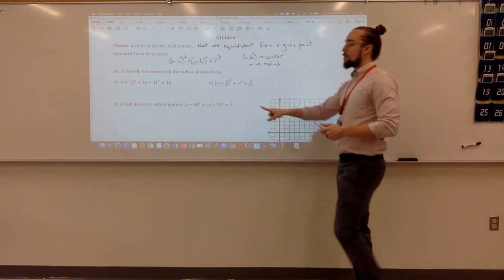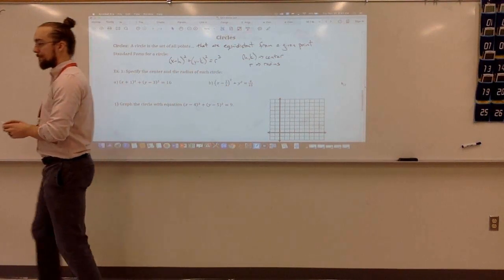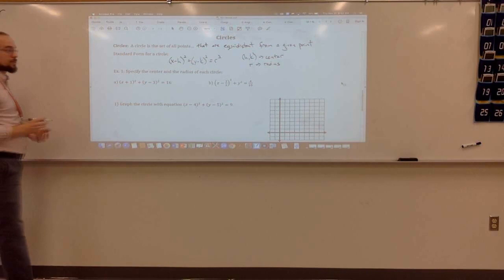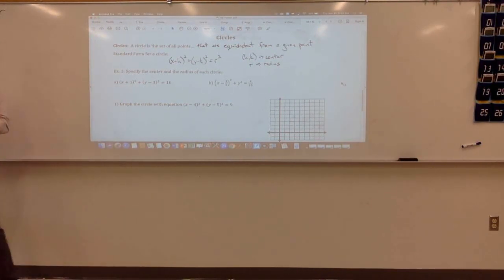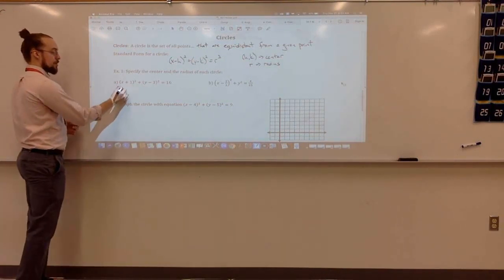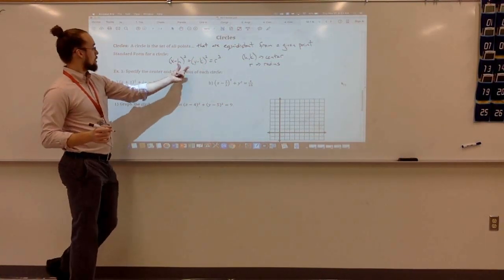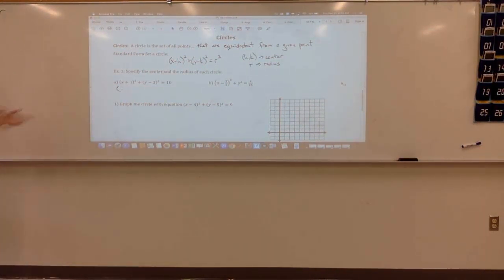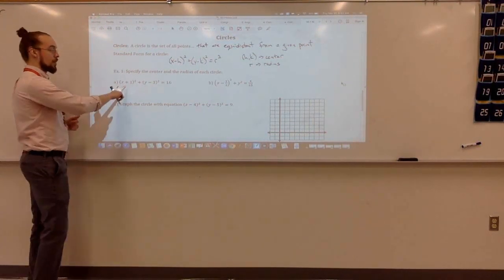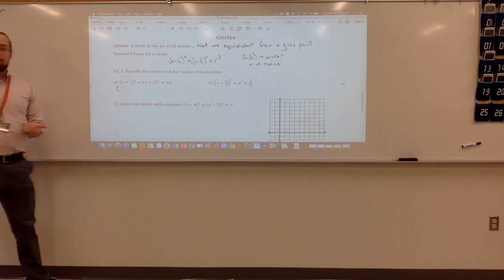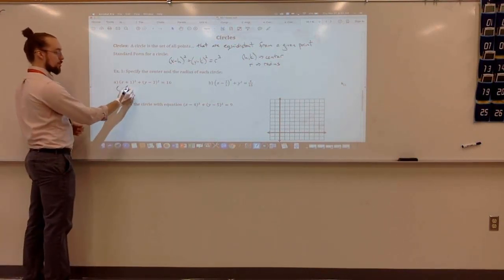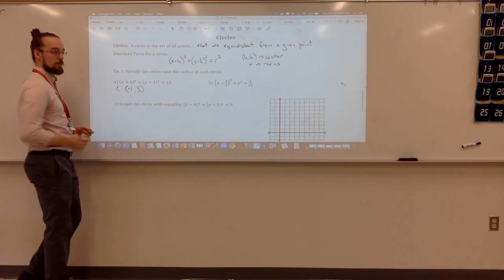So if we look at this first example, (x plus 1) squared plus (y minus 3) squared equals 16, I want to get the center and the radius of this circle. If we notice in our standard form, I'm subtracting both h and k. So essentially, I'm just going to take the opposite of both of these values to get my center. So the center of this circle is going to be (-1, 3).